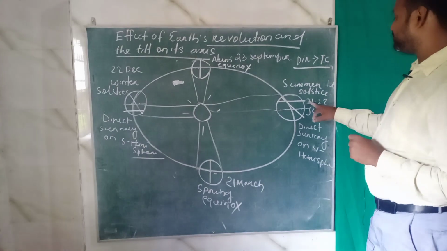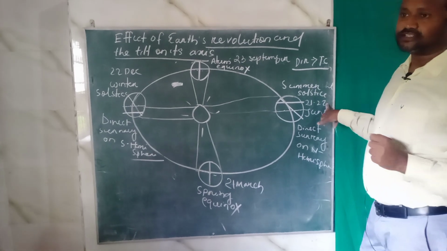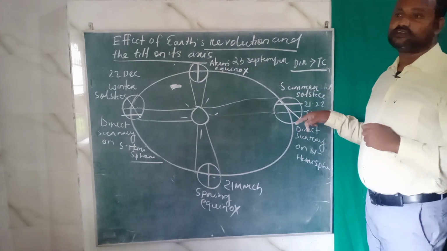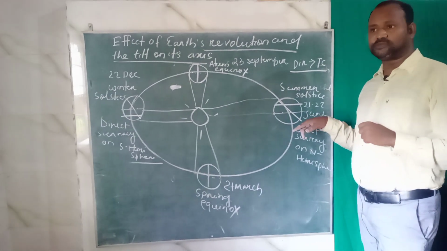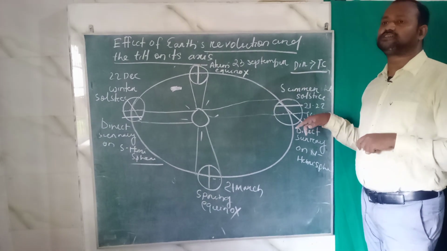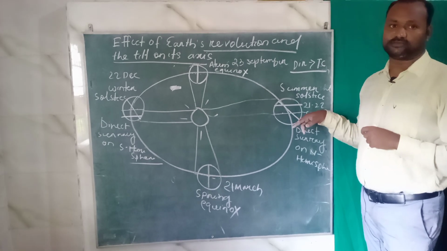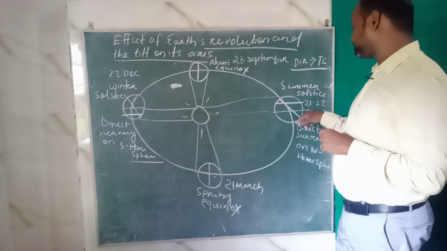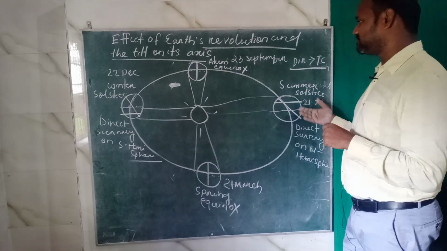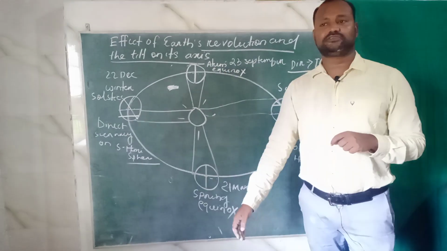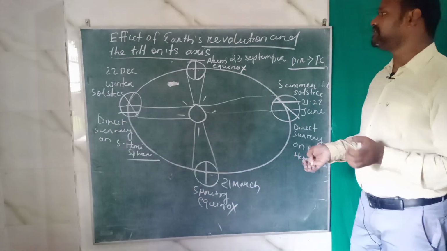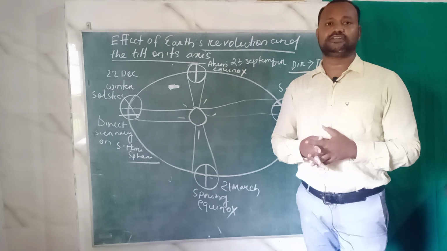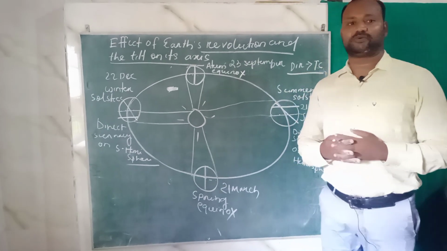So the 21st and 22nd is the longest day in the northern hemisphere, and the longest day in the southern hemisphere, vice versa, occurs like that. This is all about equinox and solstice. Student, your chapter is completed. Next we are going to discuss maps.